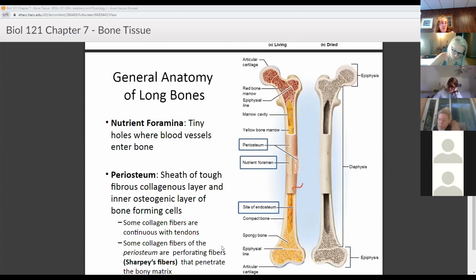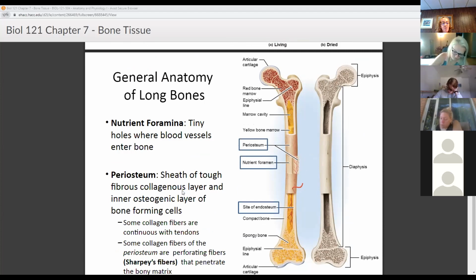We also have nutrient foramina, these tiny holes where blood vessels are going to enter the bone. Foramina means holes. So this is where blood vessels and nerves are going to enter the bone.